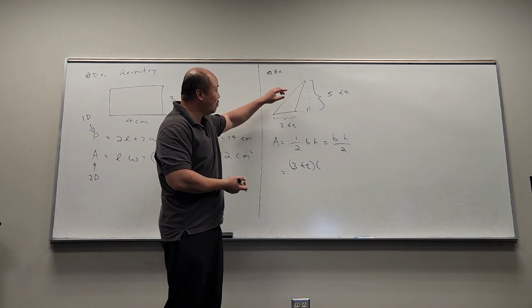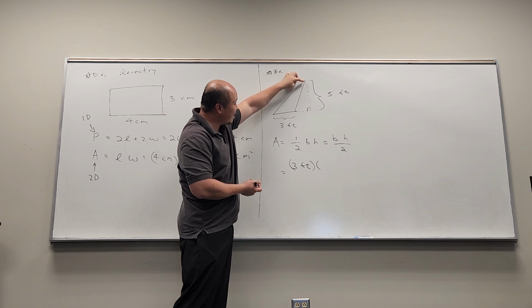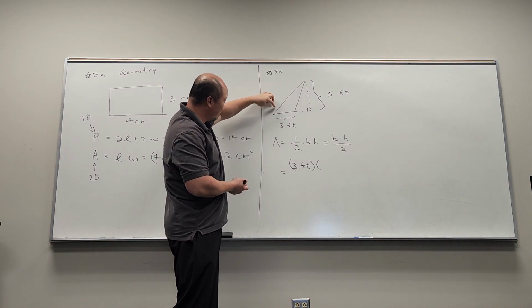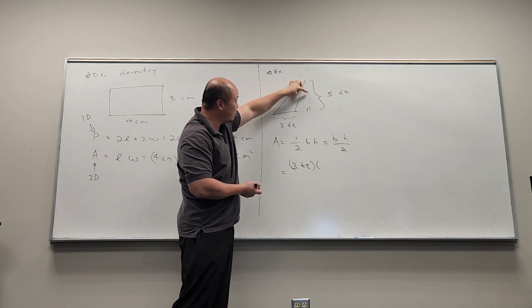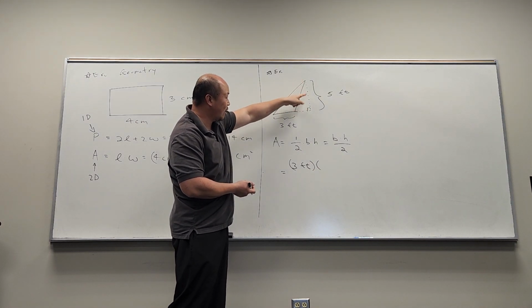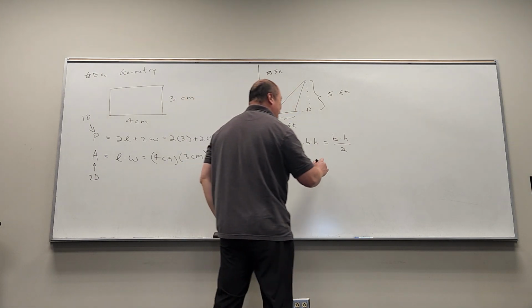And what's the height? Some people might question, hey, the height, some people will look at this line right here, or maybe this line. Well, the height is from the top of the triangle directly to the ground. So that's why it has to be like this. This is the height, so 5 feet.